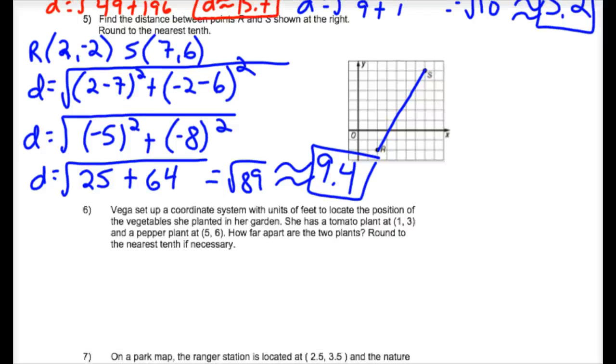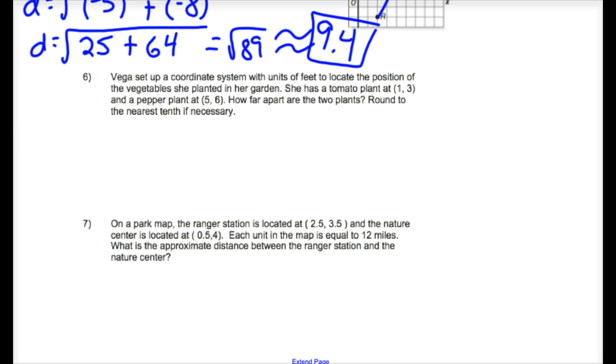All right. Couple word problems. All right. Vega set up a coordinate system with units to feet to locate the position of the vegetable plants that she planted in her garden. You done? Great. Tara was doing notes for you. Tara, you hook her up or? Yeah. All right.